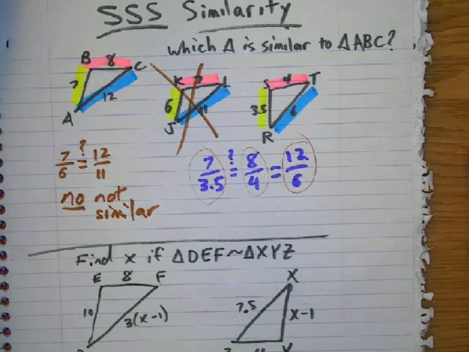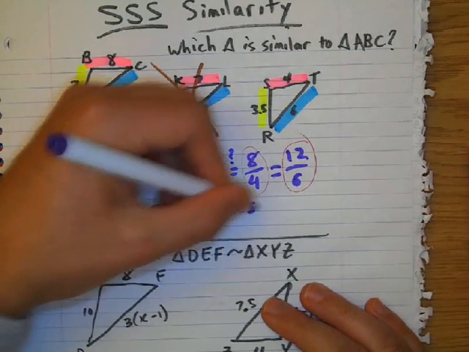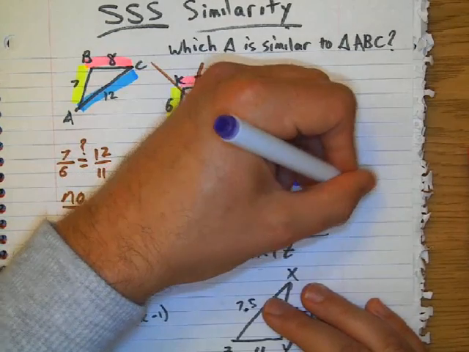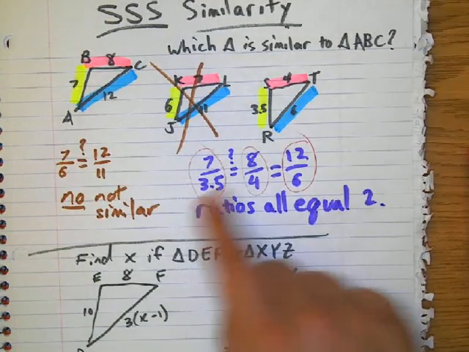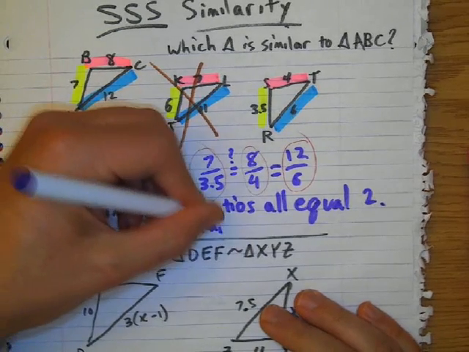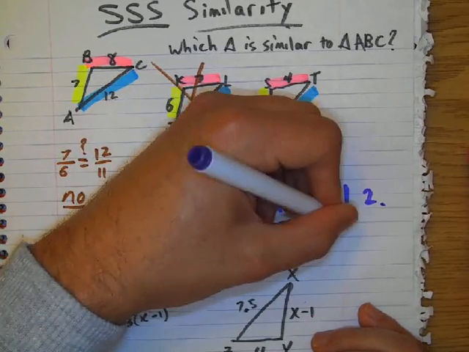So we know that the ratios all equal 2. Every single ratio is the same, so it's similar by side, side, side similarity.